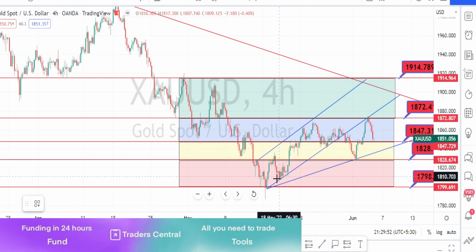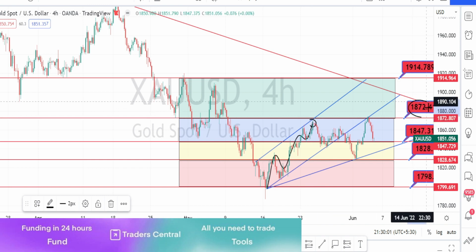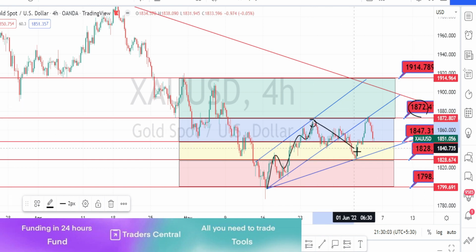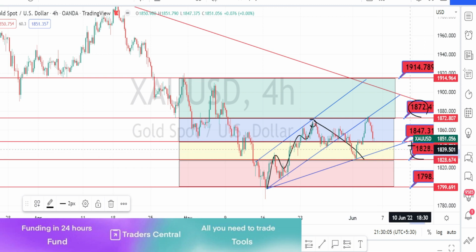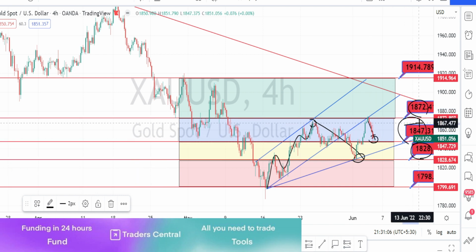So when we analyze the price action, from here it started its bullish trend and it went into the blue color zone, found resistance around the resistance level of 1872. Then it trended back and took support around the support level of 1828, which is the bottom level of the yellow color zone, and then went on a bullish trend, again took resistance at the same resistance level of 1872, and currently we are noticing the price action to take support around the support level of 1847.